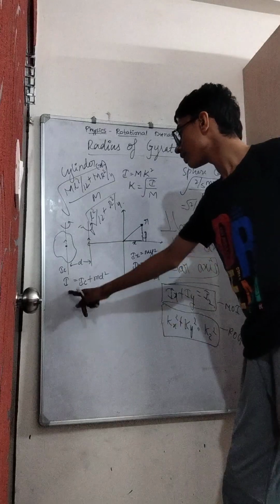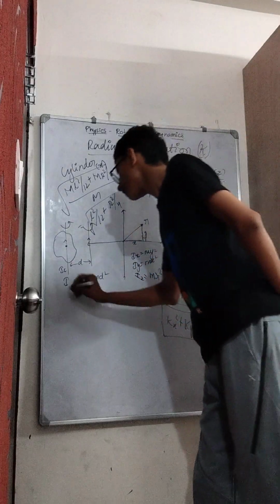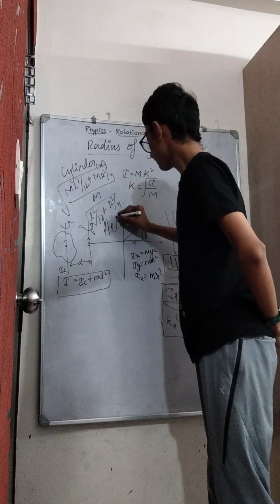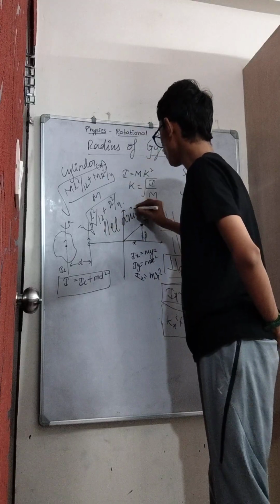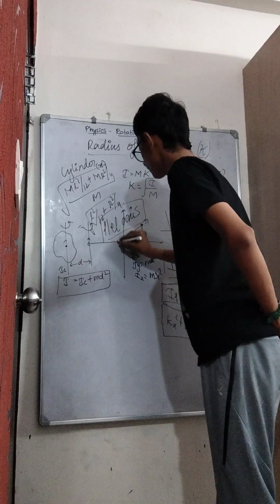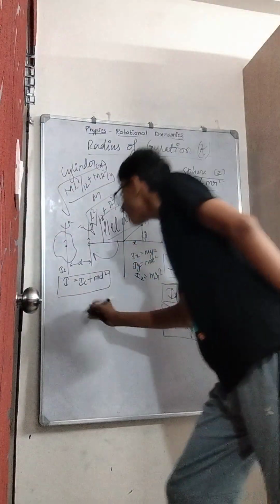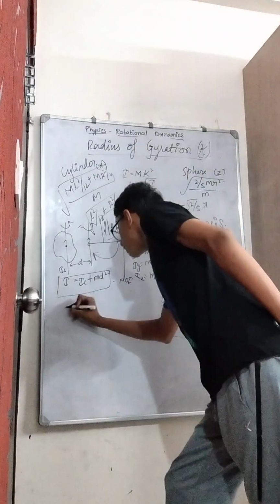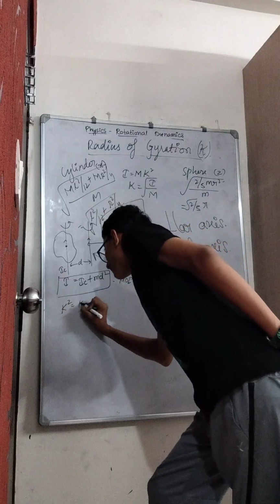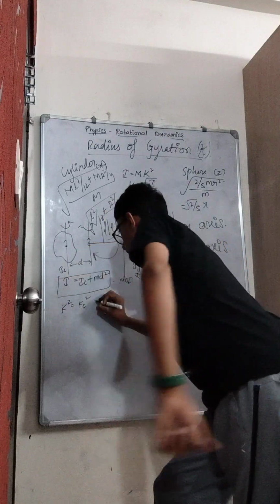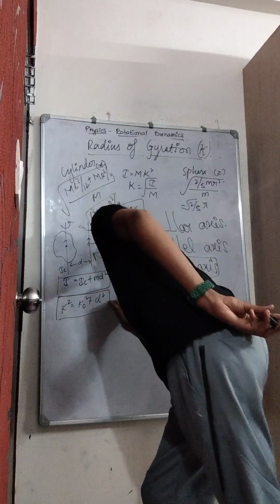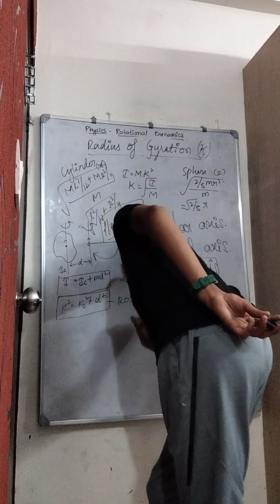So I is equal to Ic plus m d square. This is the parallel axis theorem, for moment of inertia. For radius of gyration, k square is equal to kc square plus d square.